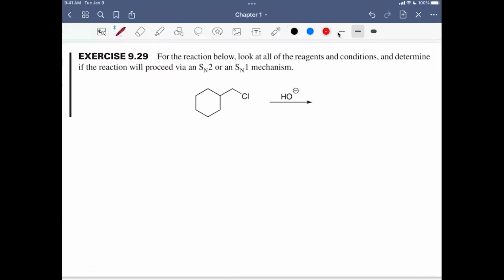And I have an example right here. Again, let's look at if it's primary, secondary, or tertiary. What is the reagent? And what do we do?